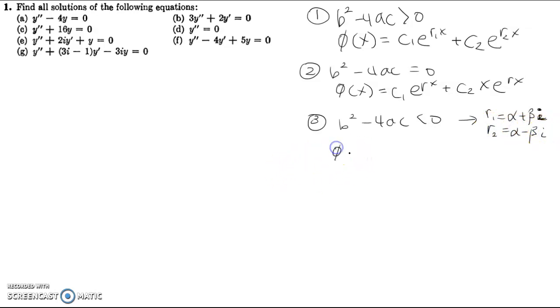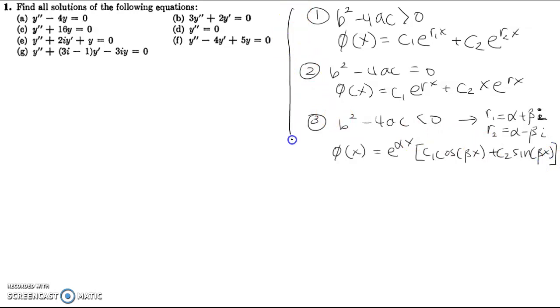So in this case, the solution is going to be phi of x equaling e to the alpha x times c1 cosine of beta x plus c2 sine of beta x. Alright, so let's keep this as our reference and practice solving our second order differential equations.